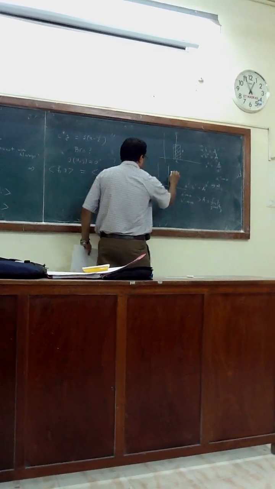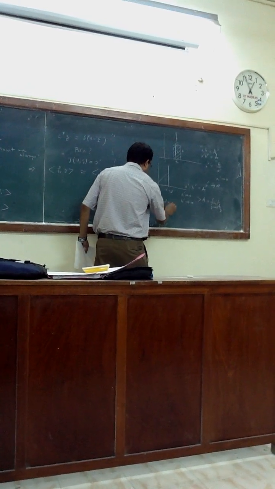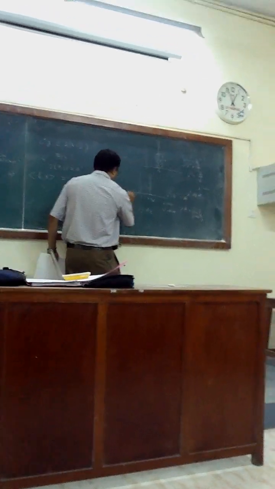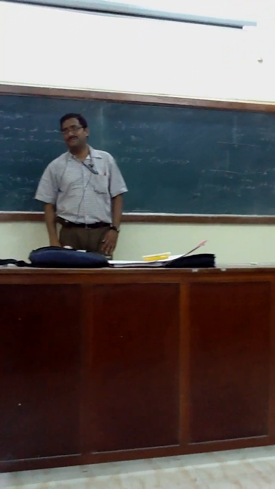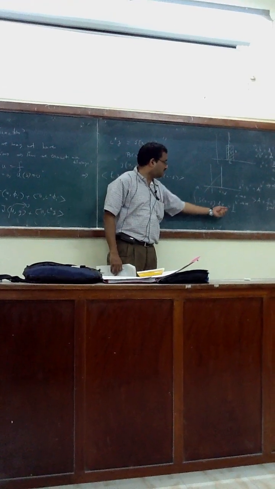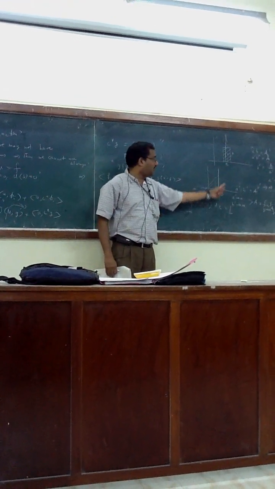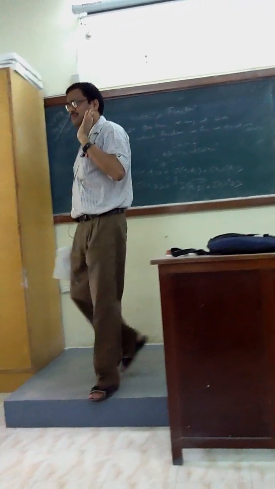So what actually happens? This we represent as delta x minus z dx from minus infinity to plus infinity, which we normalize as 1. So this delta x minus z dx is an area, and I am saying it is 1. A could be anything, but I am just normalizing it as 1.